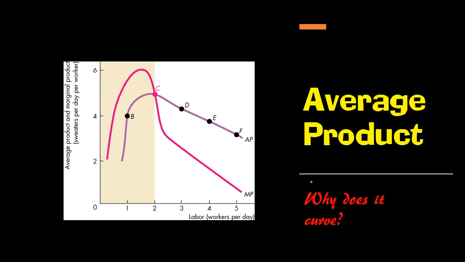The average goes where the marginal goes, but more slowly. So when the marginal is rising, the average rises with it. When the marginal falls, the average goes down with it. Okay? But more slowly. The average follows the marginal.